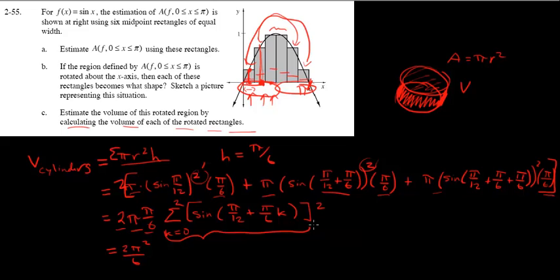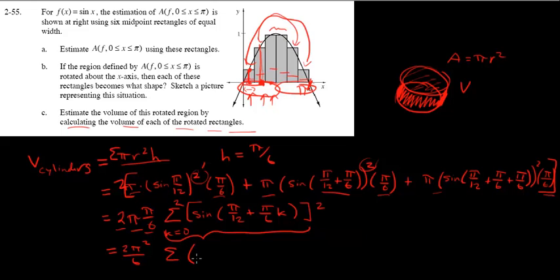Okay, the expression is going to be sine of pi over 12 plus pi divided by 6 times k, and I want to square that. So I'm going to write out what I put in my calculator. Okay, squared.